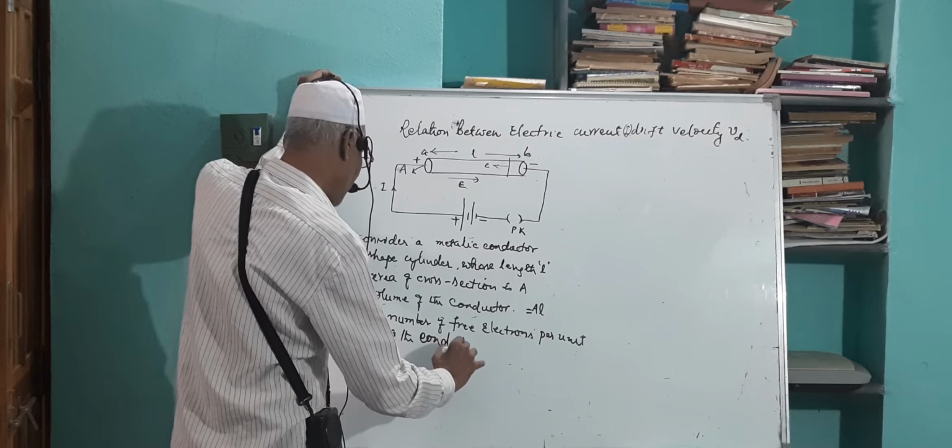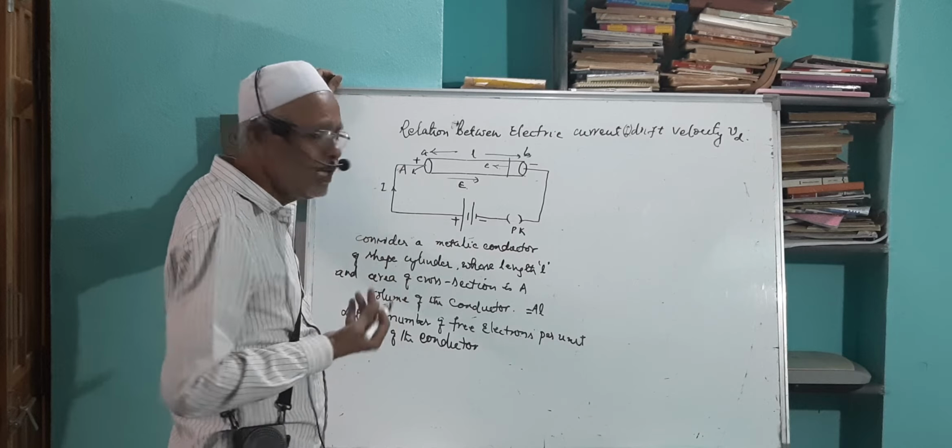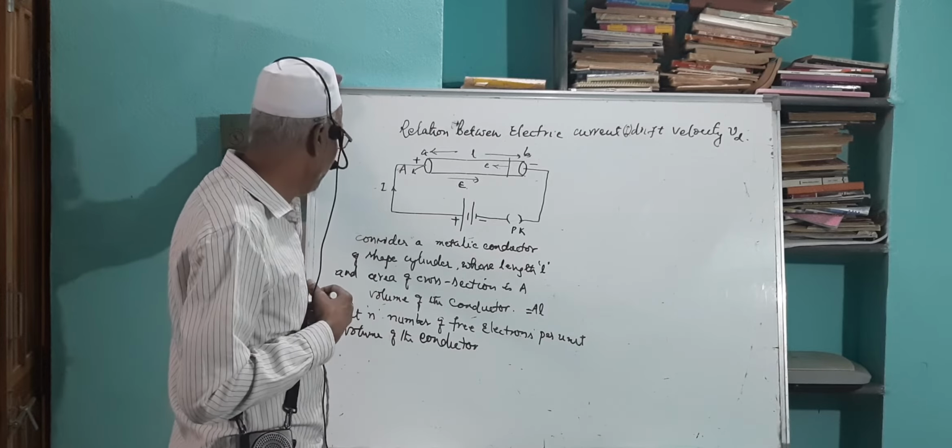So n represents that, in unit volume, how many electrons are there. That is the meaning.